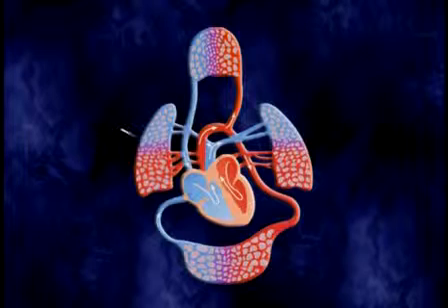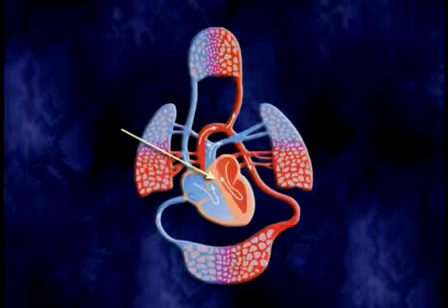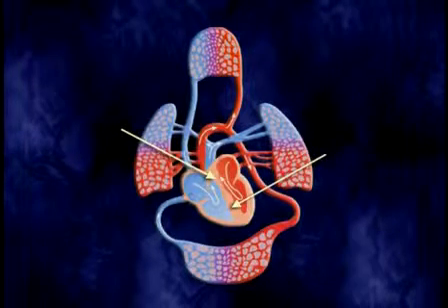Given enough beats, 60 or 70 beats per minute, hour after hour, day after day, eventually you're going to have a separation of the volume on one side or the other. And this happens in heart failure. And I'll talk a little bit more about that in the next lecture. So the atrial sides are separated by a wall, and the ventricular sides are separated by a wall as well.